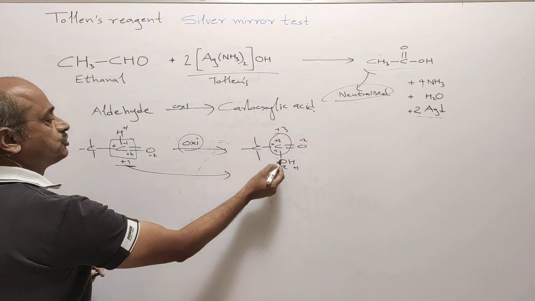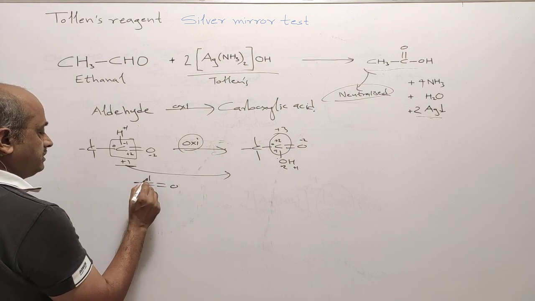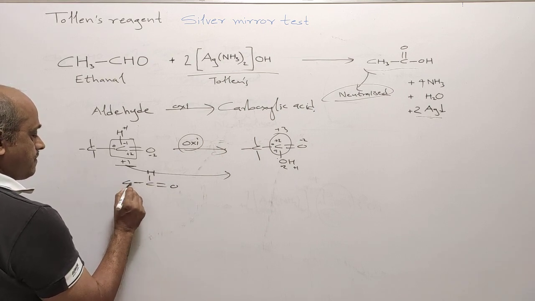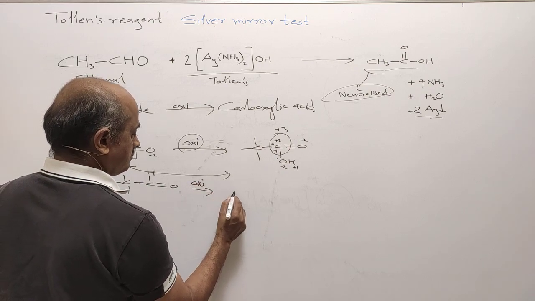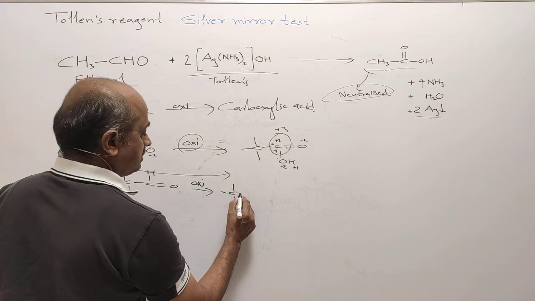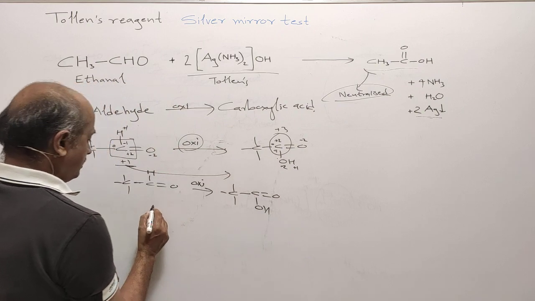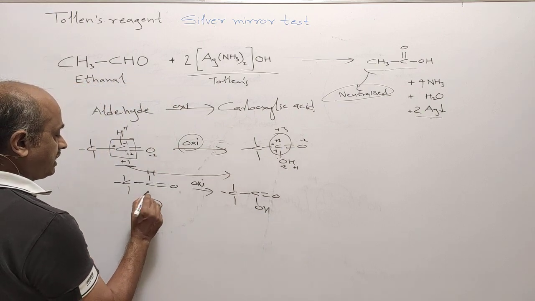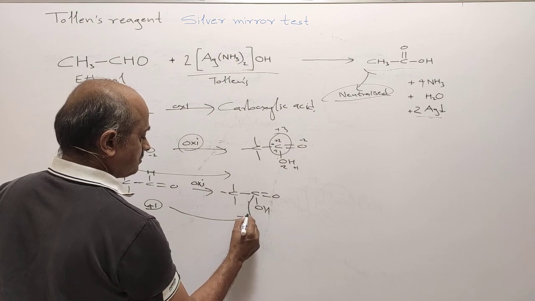So when an aldehyde group changes to carboxylic acid, oxidation, it can be any aldehyde, therefore I have written in this manner, carboxylic acid, the +1 oxidation state of carbon changes to +3.